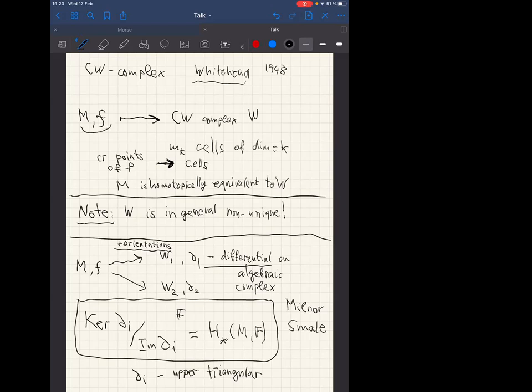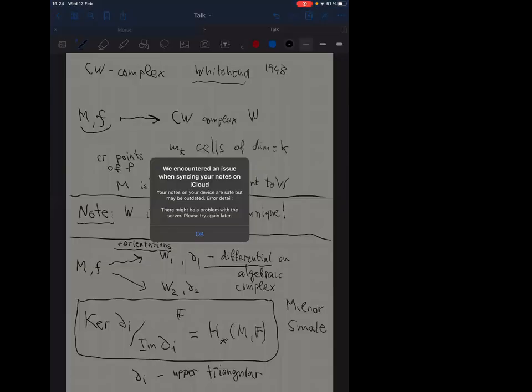But this construction is, in general, non-unique, but the number of cells is unique and given by the function f. So the number of cells of dimension k is M_k.